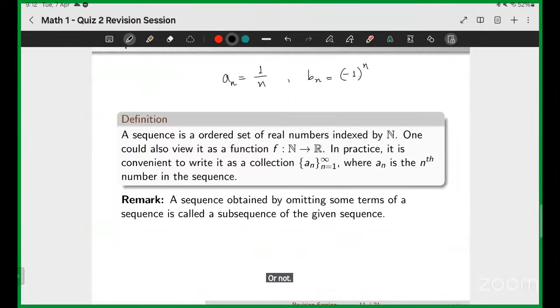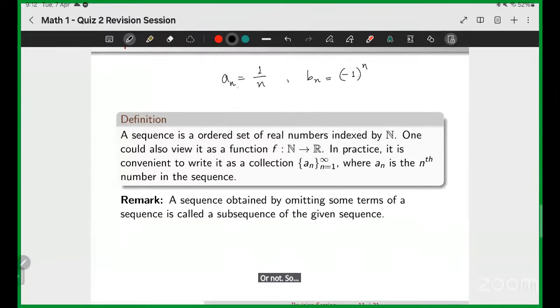What is the nature of a_n as you increase the value of n? Close to 0. Yeah, I can make it as close to 0 as I want, right?